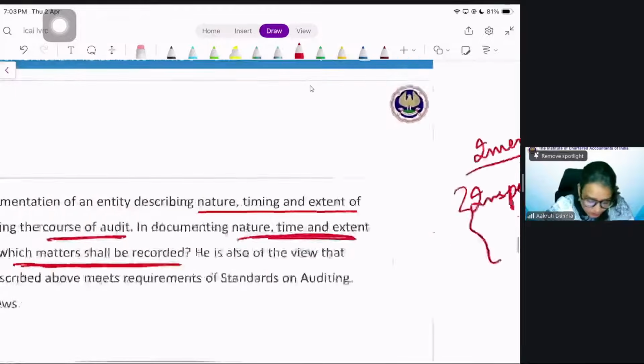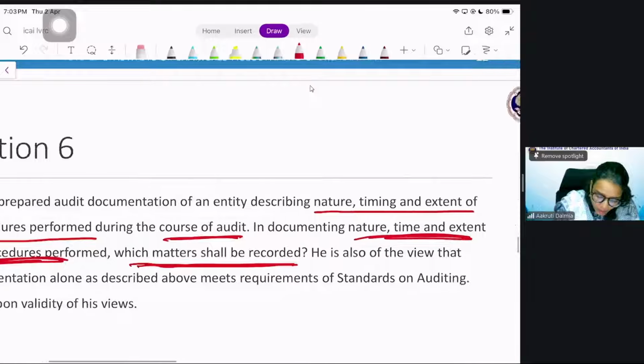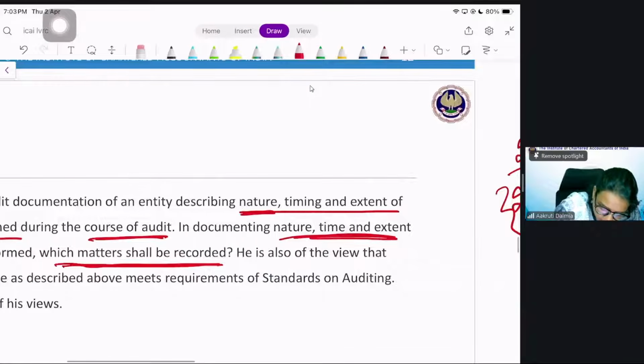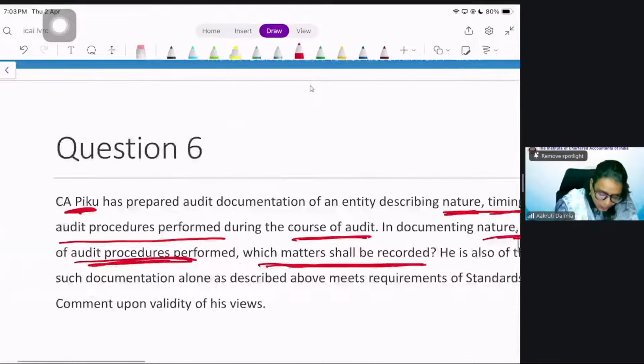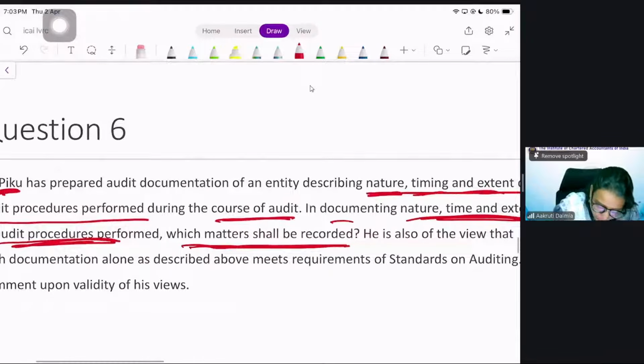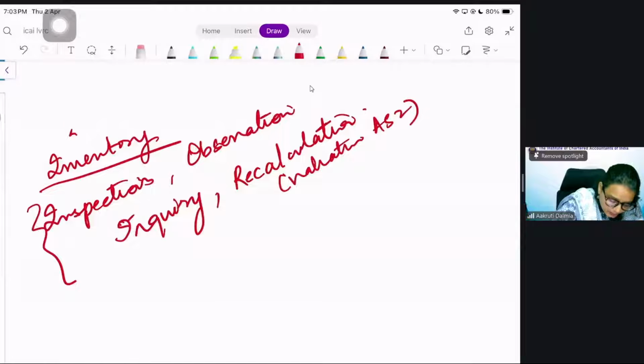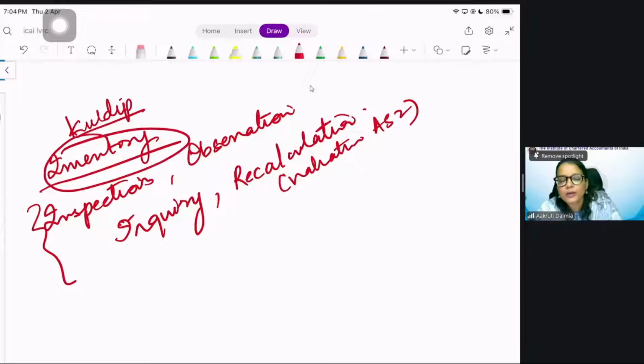Now the question is that the auditor is preparing the documentation to describe the nature, timing, and extent of audit procedures performed. So when you're documenting, let's say, Kuldeep, you are making a document regarding inventory verification that was done by us.